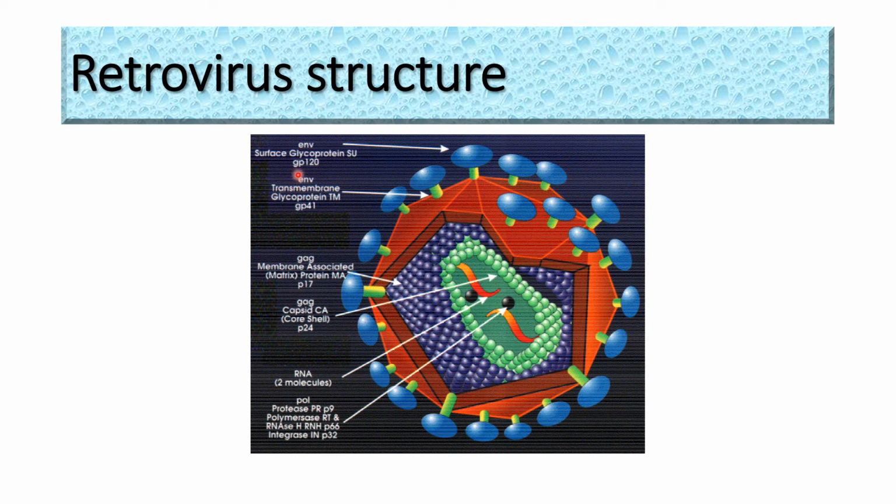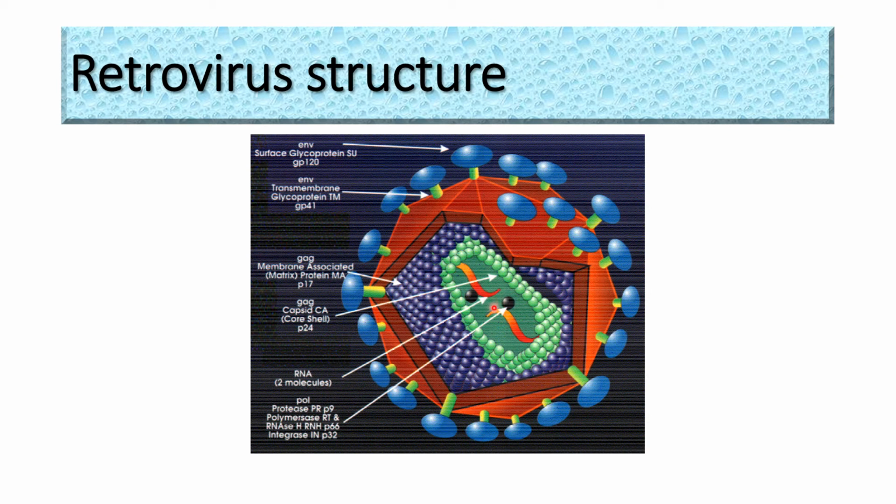This virus contains envelope or surface glycoprotein GP120 on the surface, you can see, and also envelope transmembrane glycoprotein TM, or we call GP41 here, and also GAG membrane associated matrix protein MA or P17, and also GAG capsid CA or called shell P24, and also RNA, 2 molecules of RNA in this virus.